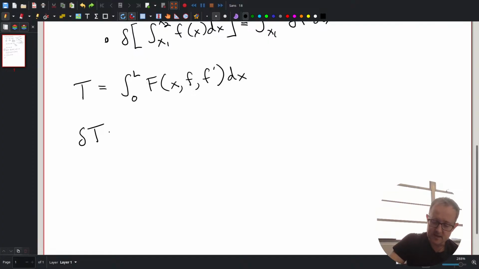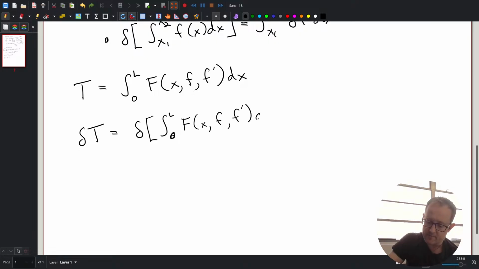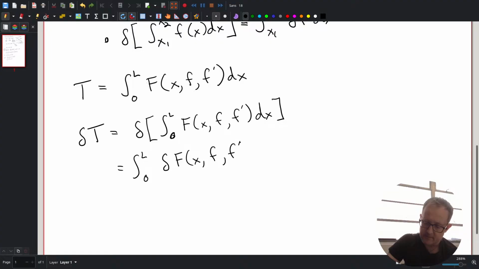So let's say delta t is a delta of that first integral, 0 to L, F of x, f, and f prime, dx. But I can bring that delta into that integral. So it's the same as saying 0 to L, delta F of x, f, f prime, dx. And then I don't need that one in there.